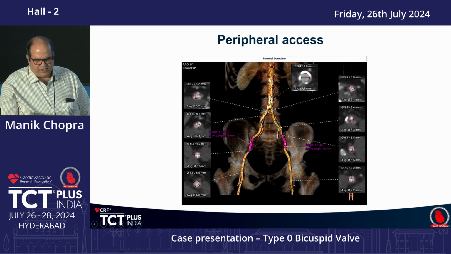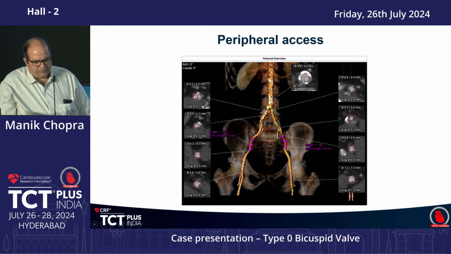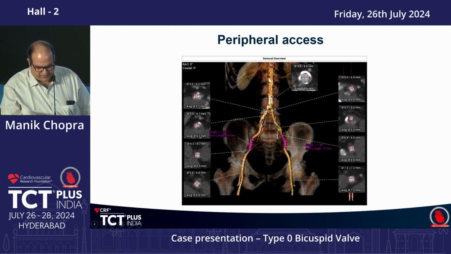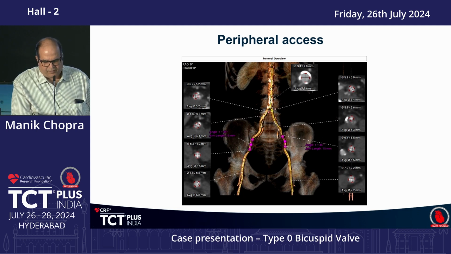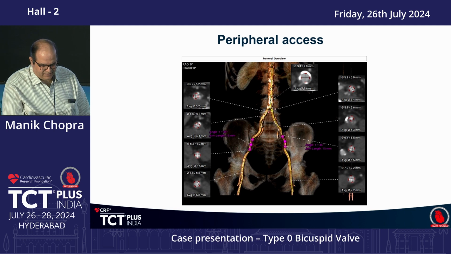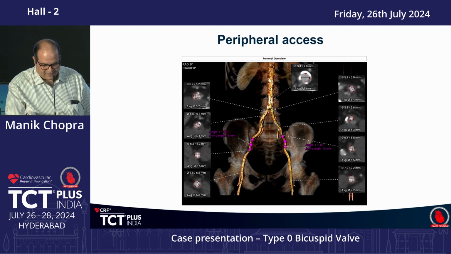Grossly, this looks more narrowed, but again, it's a soft plaque. And here, it's around 5.7, but slightly more calcified. So in general, I would probably lean more towards the right access, but I knew that it might be difficult to make a final word on this CT scan.